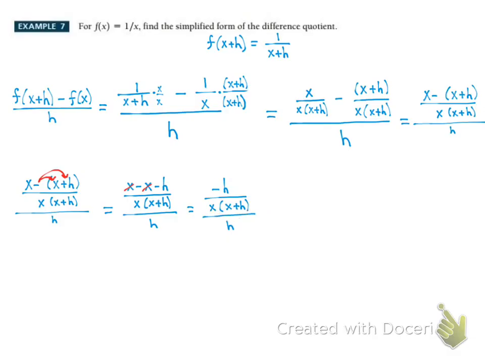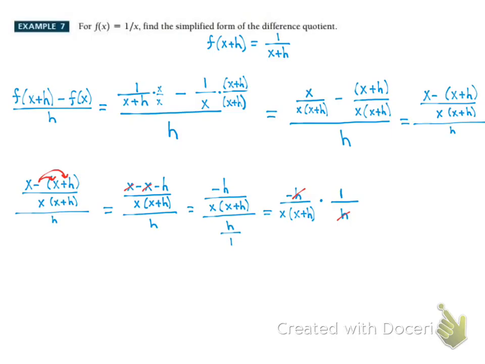So we keep the first fraction, and then we multiply by the reciprocal of the second fraction. In the second fraction, because it's just h in the denominator down here, I can write it as h over 1 if you want to, so you can see it clearly as a fraction. So you can see now I've taken the first fraction and multiplied it by the reciprocal of the second fraction. Keep, change, flip.